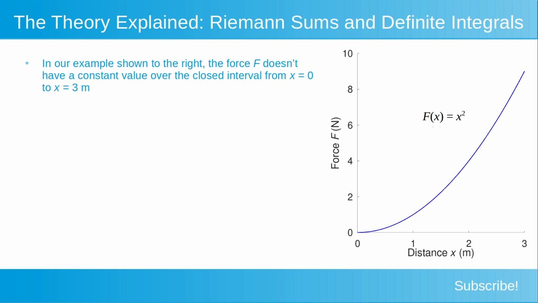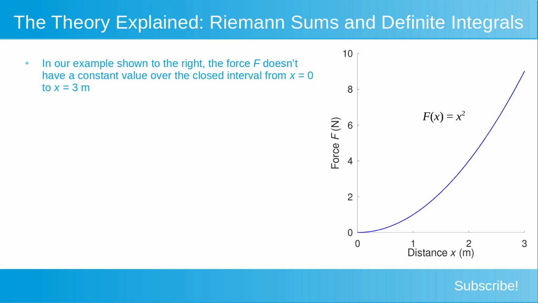When we refer to the closed interval from x is equal to 0 to x is equal to 3, we're referring to all of the points between x is equal to 0 and x is equal to 3, as well as the points x is equal to 0 and x is equal to 3. Because our force F doesn't have a constant value, we cannot just use our constant force formula alone to calculate the work done over that closed interval.